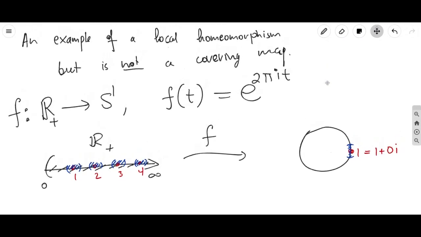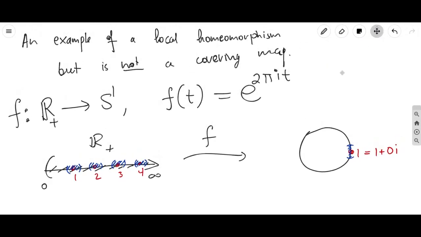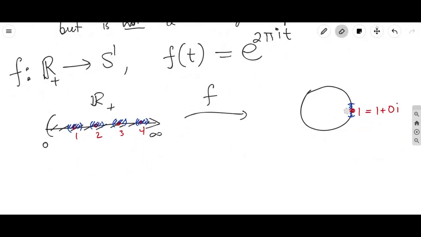So when you look at that, you're like, well, why is it not a covering map? Well, because you also pick up something else. You see, this is 0 and that's positive. So you're really going to be picking up this. But you have to understand 0 is not included. So you're not going to have the other part of the blue interval.